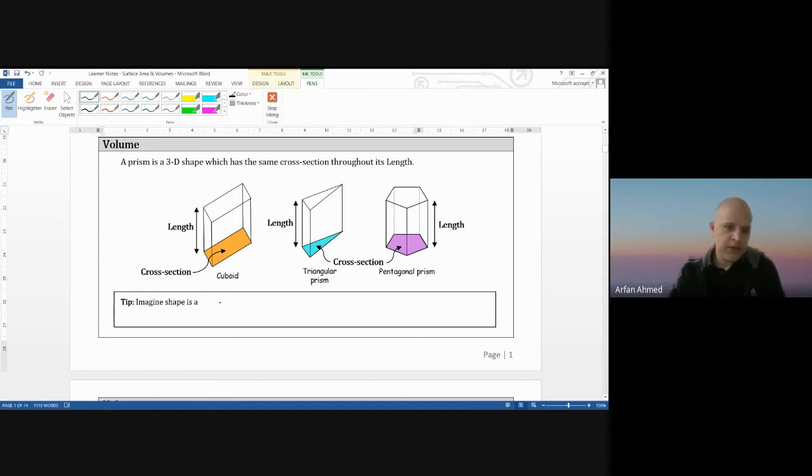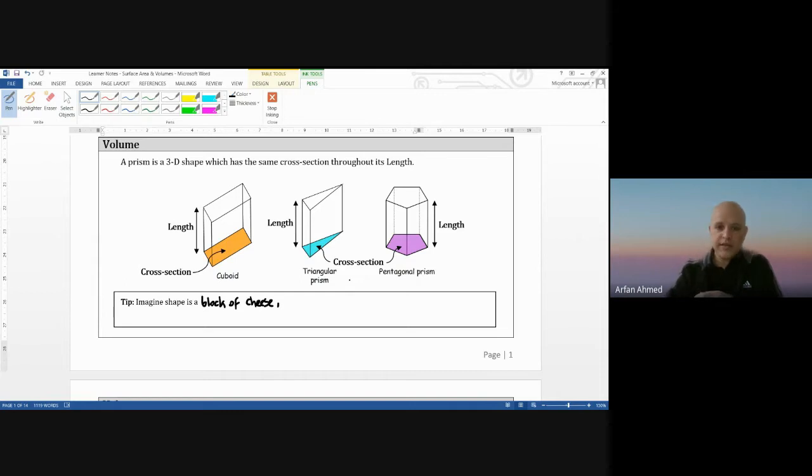So basically, you imagine the shape is a block of cheese. The cross section is when you slice the shape, imagine slicing this block of cheese. You want every slice to be the same.